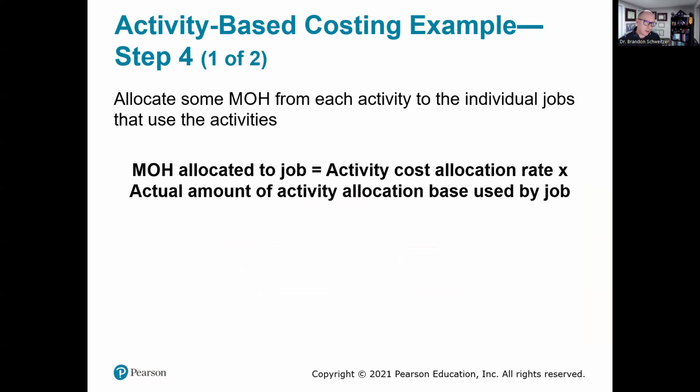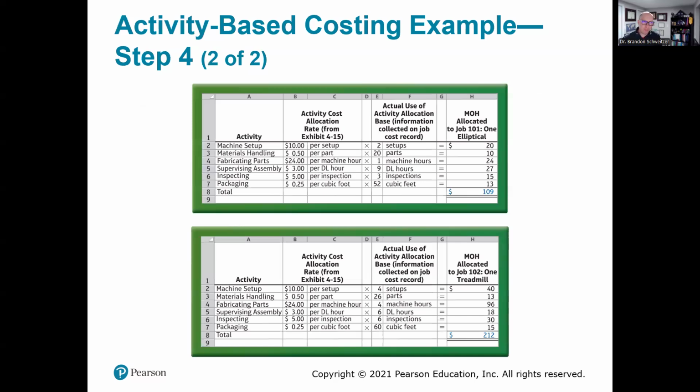So in other words, we're taking that activity rate that we got from step three, and we're going to multiply that by the actual amount of that activity used. So actual number used. So here in our example, we have the allocation rate from step three, and we're multiplying that by the actual amount used.